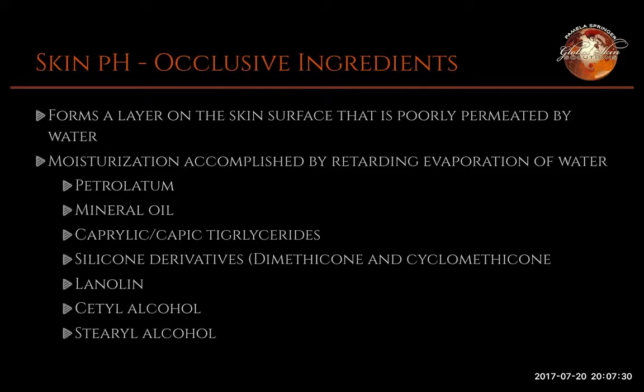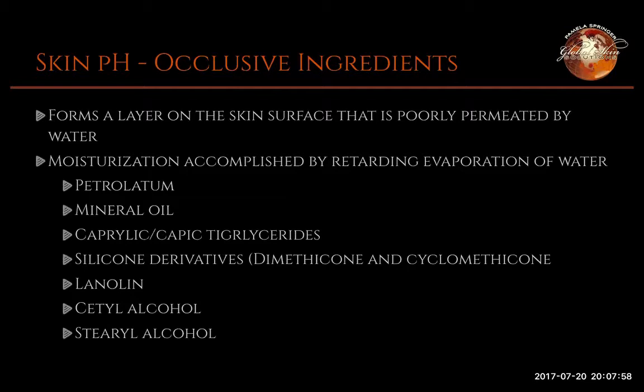So let's talk about the occlusive. This is the oil base. This is the oil phase. The one previously was the water phase. So you want to form a thin layer of an occlusive product, which is an oil base. So it will lock that moisture deeper into the layers of the skin.